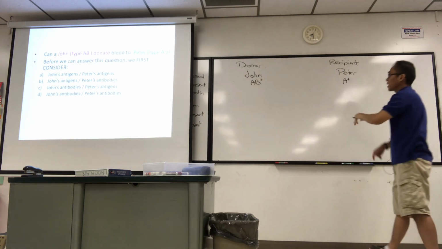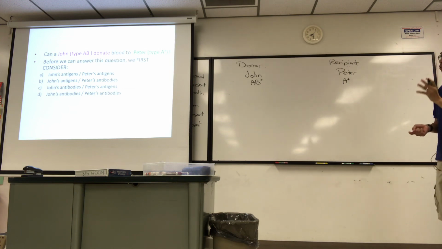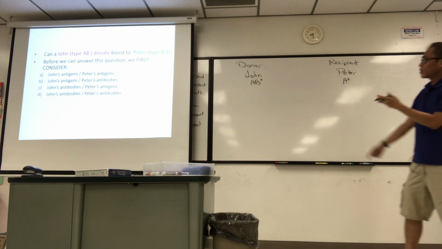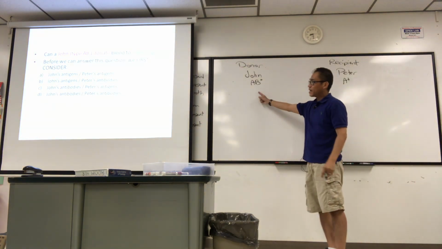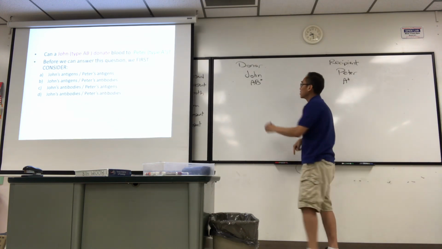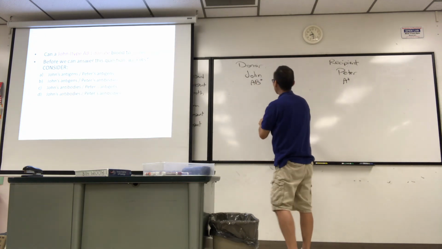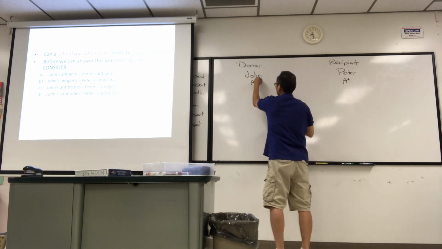And so the first thing, before you even try to answer it, just what do you consider for John? Antigens or antibodies? Antigens. John's antigens. It says John's AB negative. Oh, I'm sorry. Thank you.